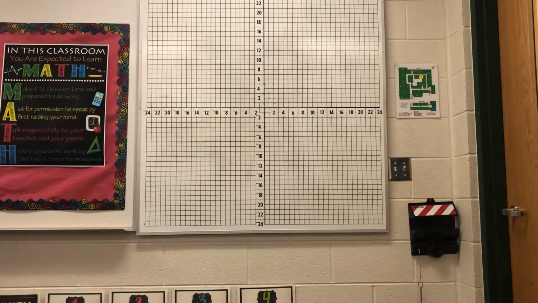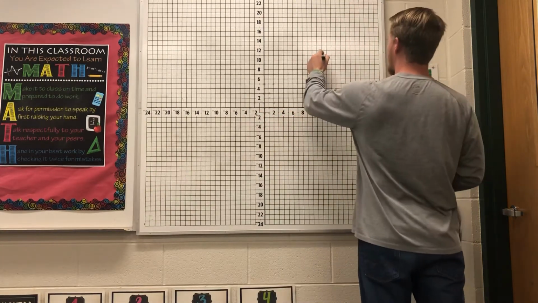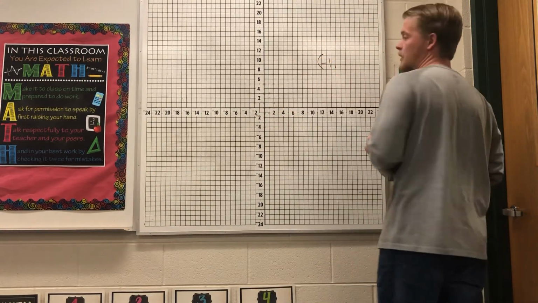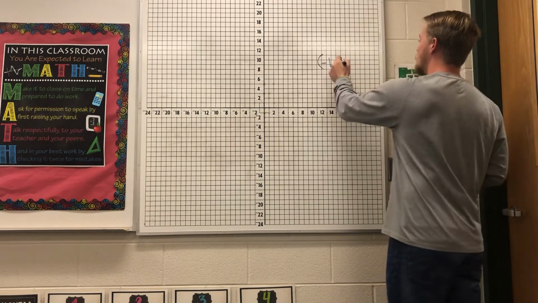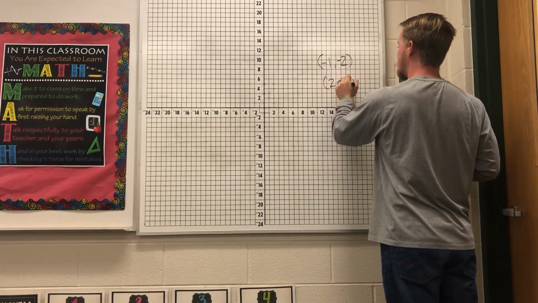I'm going to leave the camera there so I don't have to move it back and forth. But I have another one on the board that I want you to try. I want you to find the slope of -1, -2, and 2, 2.